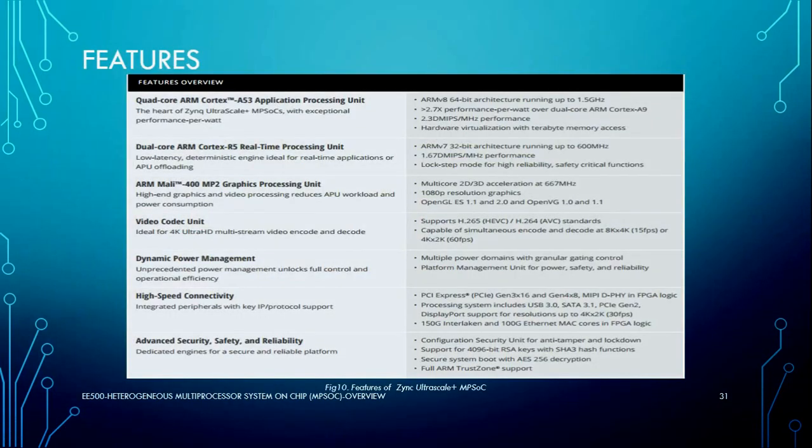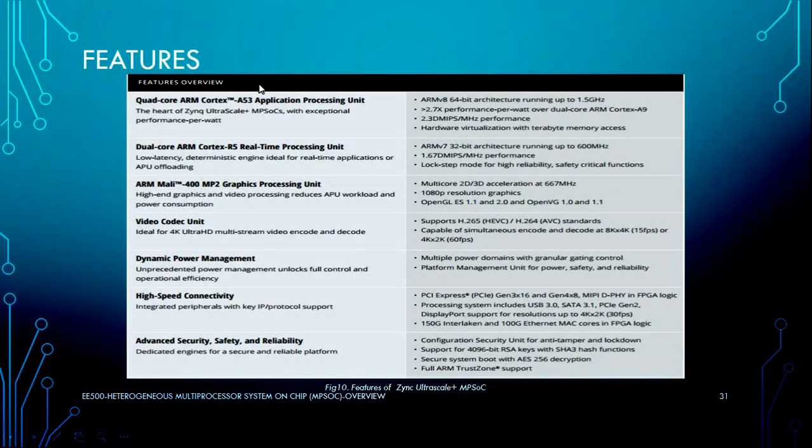So what are the features? The quad-core ARM architecture, and a high-end graphics processing unit. Higher speed connectivity is ensured through PCI and USB 3.0. Advanced security and safety is also ensured with the support of 4096-bit RSA keys and hash functions.